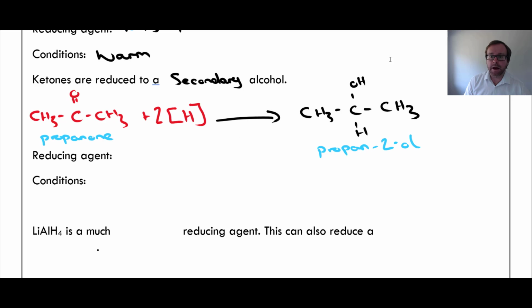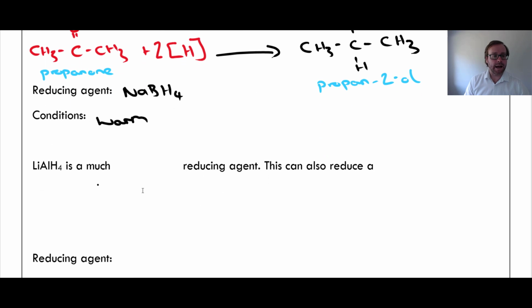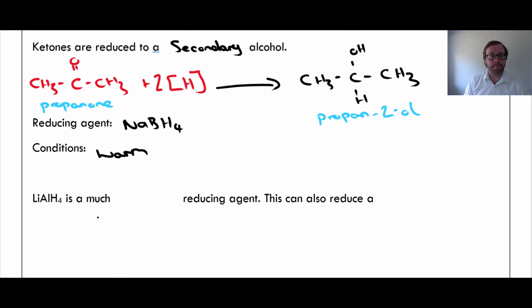Because we made a secondary alcohol, it must have come from a ketone, and this is propan-2-ol, so prop and 2, so it must have come from propanone. I've balanced my oxygens and my hydrogens, so I can move on. My reducing agent again is NaBH4. For conditions, I'm just going to write warm, and that's it.